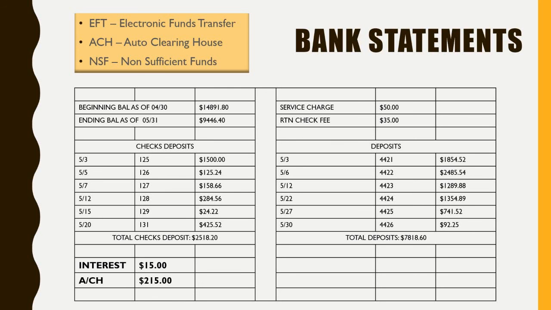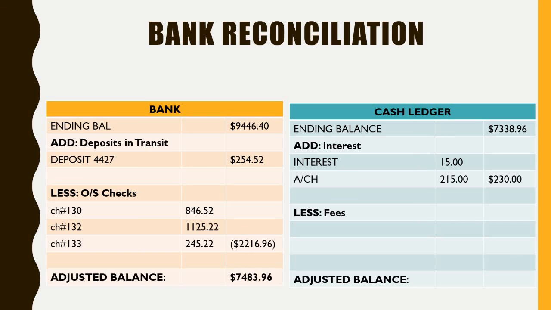So in this case, my bank statement lists right here that I have interest and I have an auto clearinghouse, right? So I have that for a total of $15 and a total of $215. So I'm going to go ahead and add that in there, and I'm going to get a grand total of $230 that I need to add to my bank, because interest, right, I've collected.